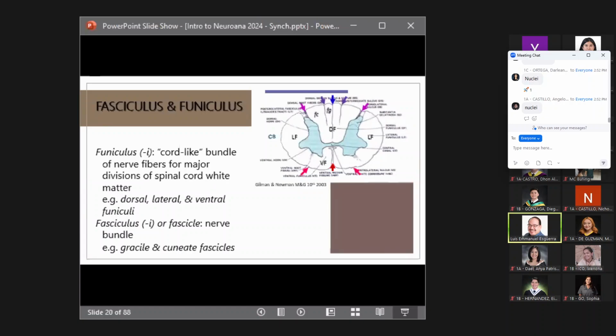And also here, there is a posterolateral fasciculus of Lissauer, or Lissauer's tract. If you look at the image, pointing to the violet arrow on the posterolateral sulcus, there's this dark band there.